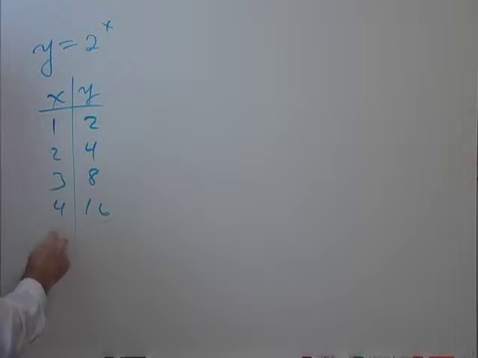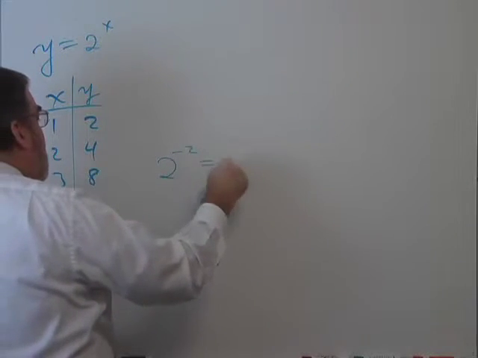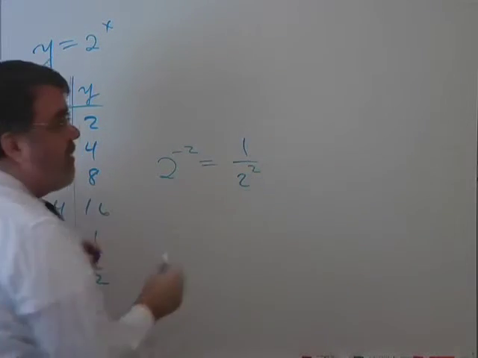Let's go backwards and look at 0. 2 to the 0 is 1. And 2 to the minus 1 is 1/2. 2 to the minus 2 is 1/4. 2 to the minus 3 is 1/8. This is just from the rules of exponents. If you're a little rusty, when you have a number raised to a negative power, for example, 2 to the minus 2 would be 1 over 2 to the positive 2.